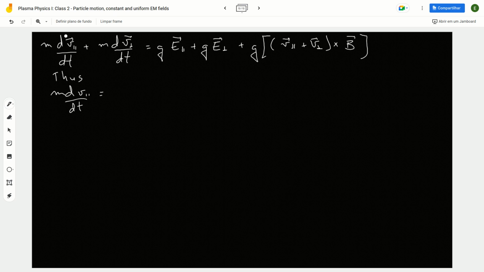For the parallel, we have still this term here, because now we have an electric field. So this is equation 5.2.